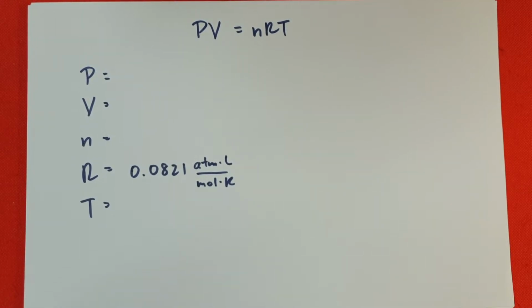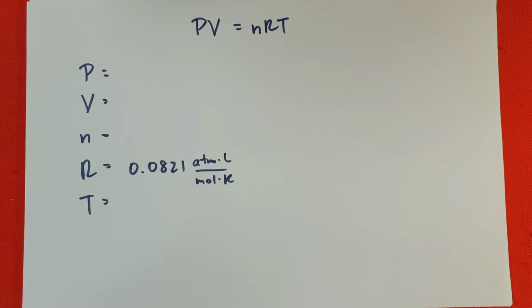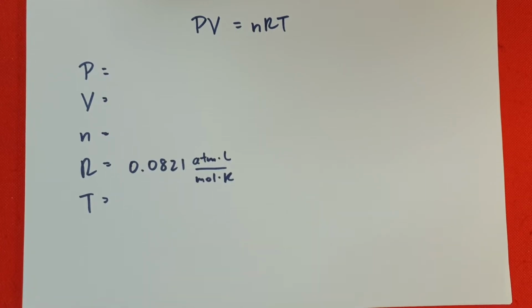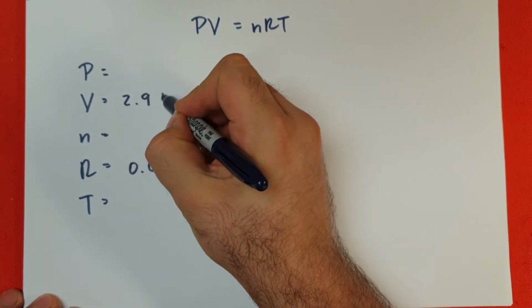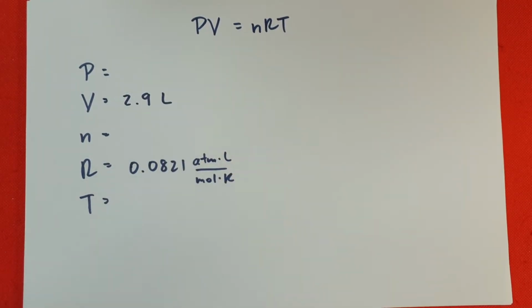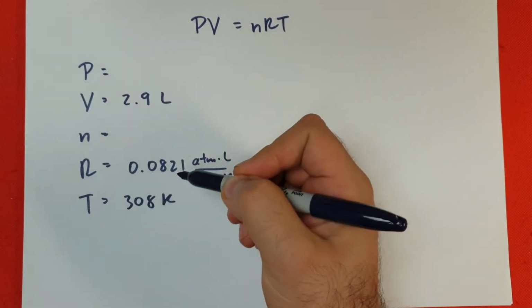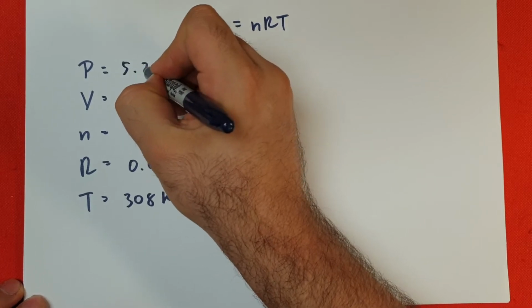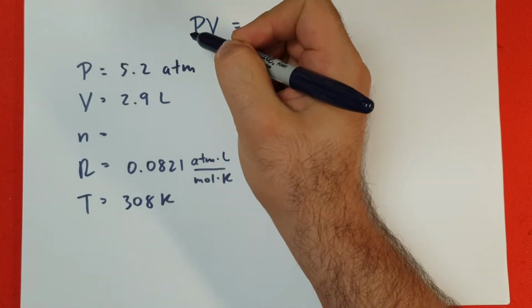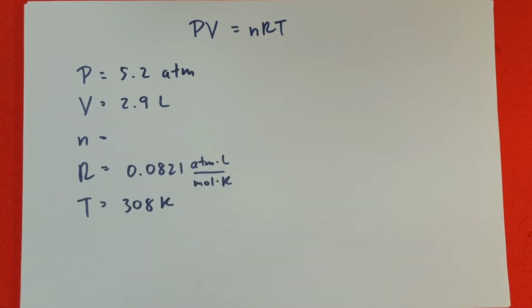So let's say it says a sample of nitrogen gas is kept in a container with a capacity of 2.9 liters. 2.9 liters is volume, so we're going to write it here, 2.9 liters, at a temperature of 308 Kelvin. And the pressure is 5.2 atmospheres. The question is, calculate the number of moles in the container.